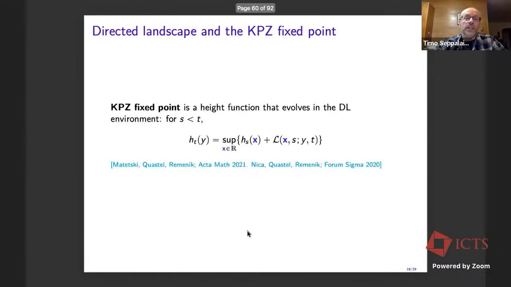In addition to the directed landscape, another protagonist in this picture is the KPZ fixed point. Matetski, Quastel, and Remenik introduced it some 5 years ago at this point, or maybe almost 6 years ago. They introduced it by giving formulas for the transition probabilities. It's a Markov process, so they gave determinantal formulas.